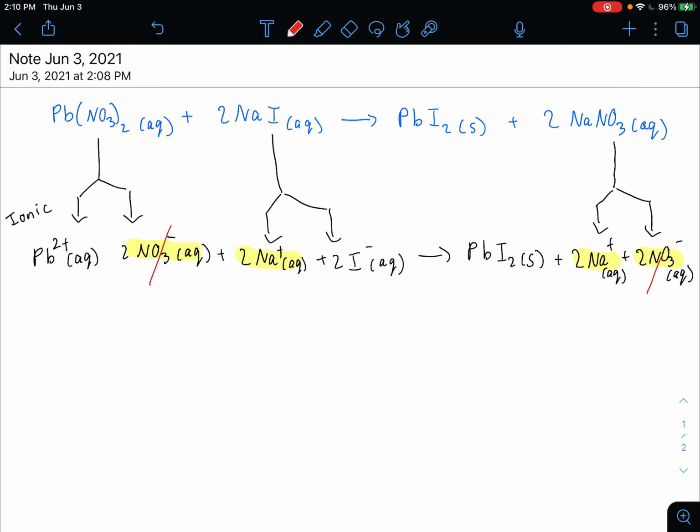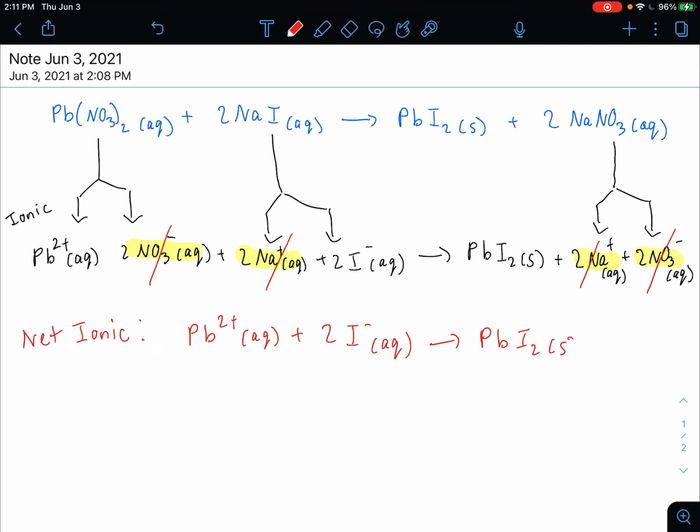So then these will cancel out with each other, and that gets us just to the real details of what's happening, which really is Pb2+ aqueous plus 2 I- aqueous makes lead 2 iodide precipitate. So that lets us really consider what matters. Despite all the other information that's around, it's really about lead 2 finding iodide. They react together to form a precipitate.